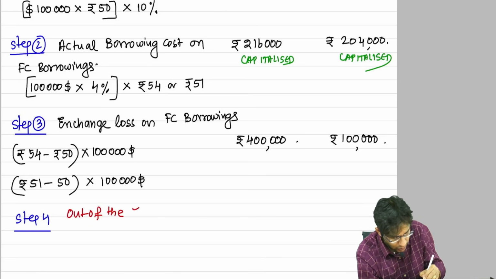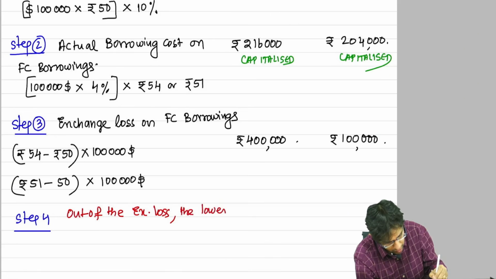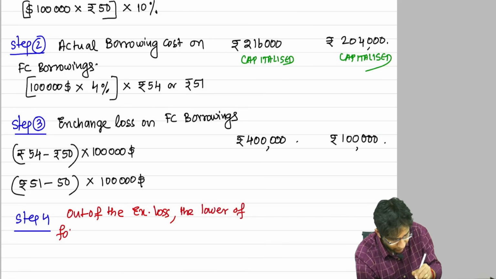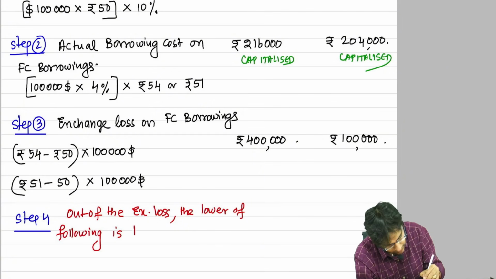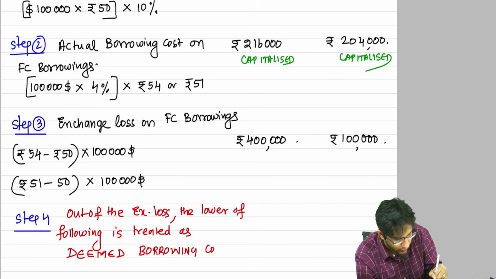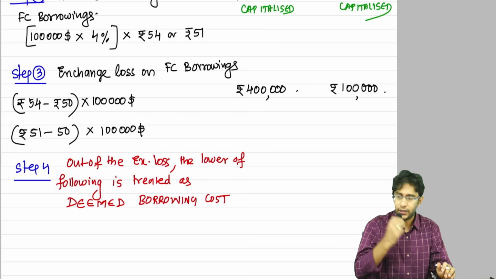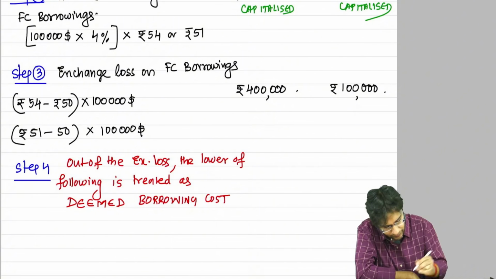Out of the exchange loss, means out of that 4 lakhs and 1 lakh, the lower of the following is treated as deemed borrowing cost.